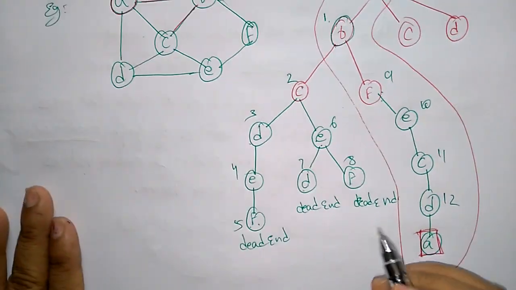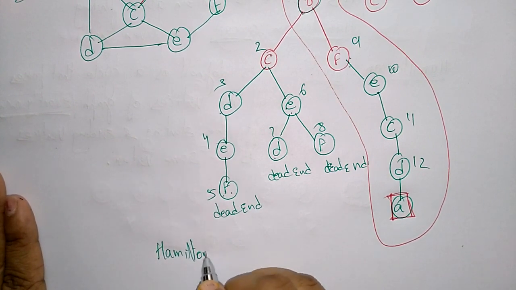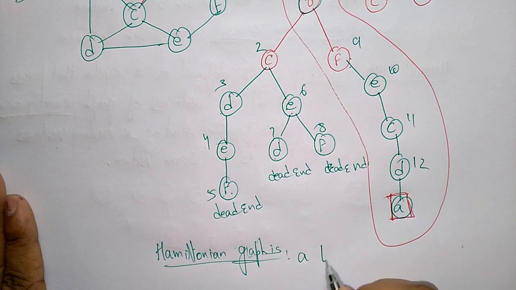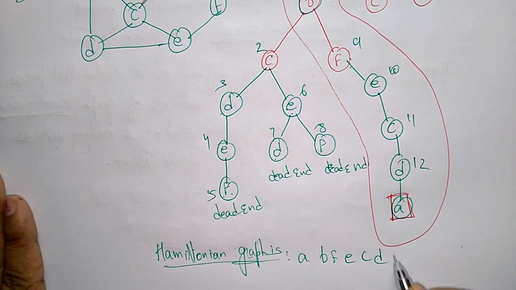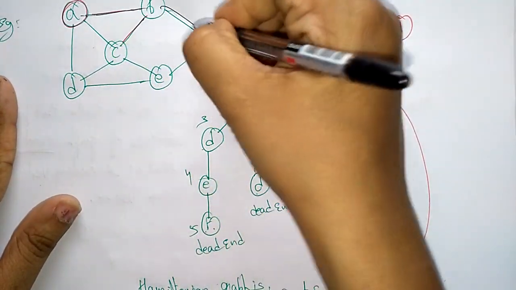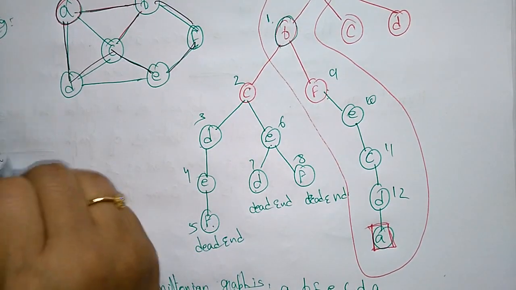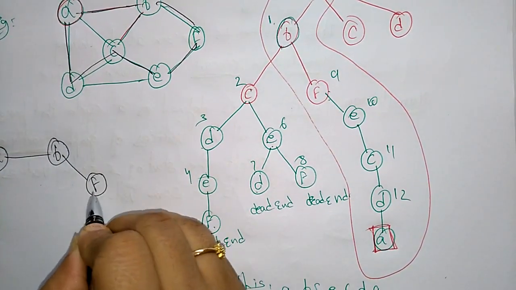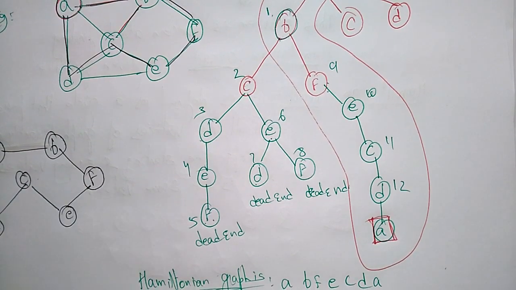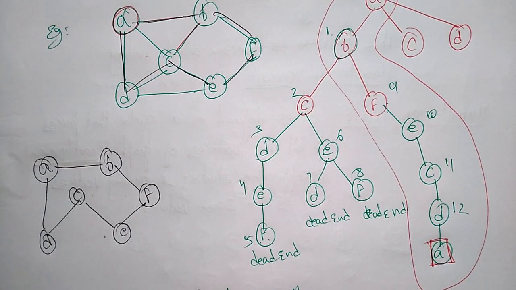So the Hamiltonian circuit here is A, B, F, E, C, D, A. That is, A to B, B to F, F to E, E to C, C to D, D to A. Let me draw it here: B, F, E, C, D and A. So this is the given graph and this is the Hamiltonian path. Thank you.